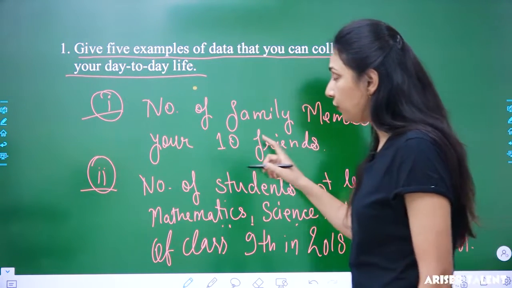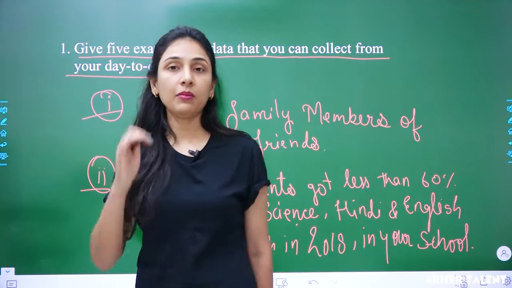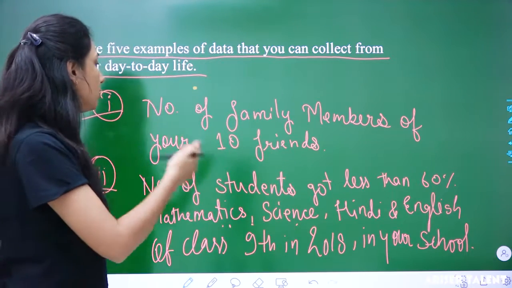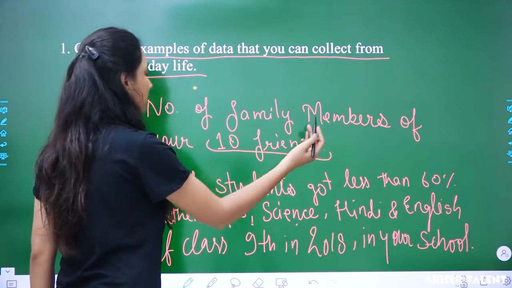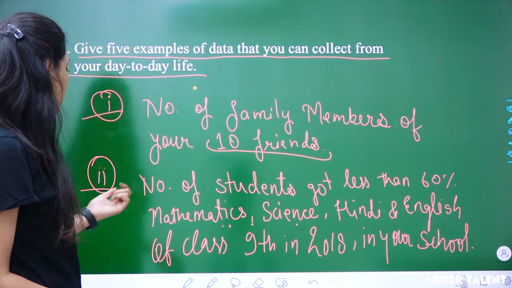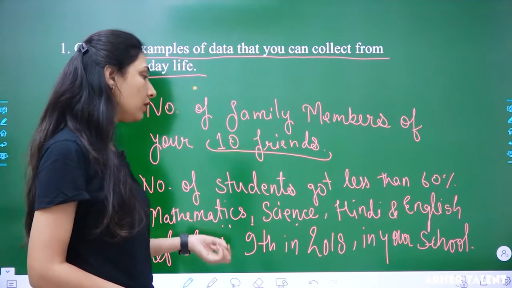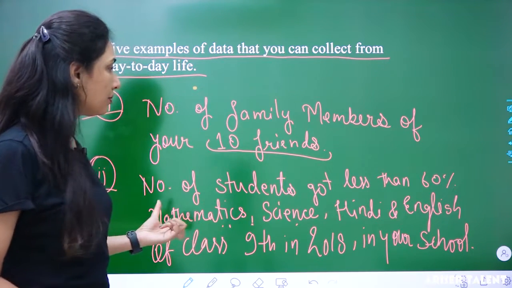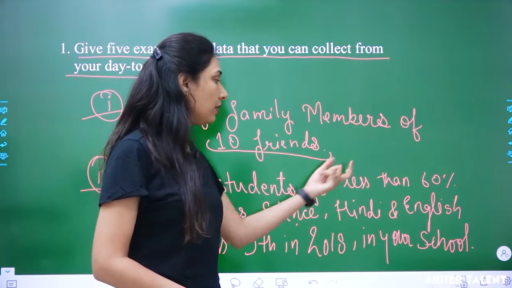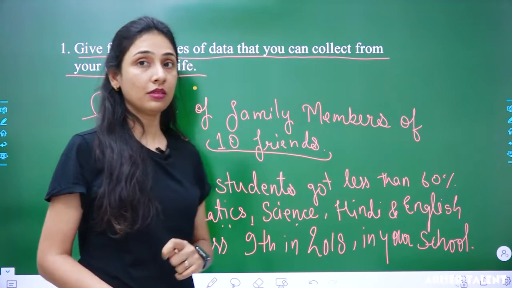Right? So the first thing you have to find is the family members of your 10 friends, and the second thing you have to find out is, in these subjects, the students having less than 60% marks.